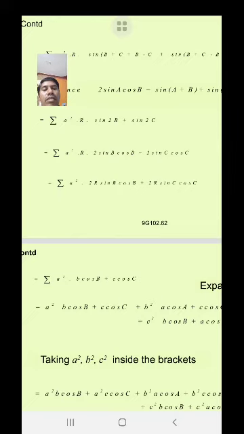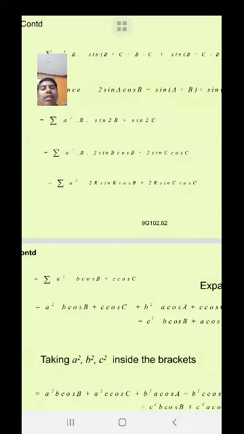Sigma a square into 2r sine b, we can write small b from sine rule, so b cos b, plus 2r sine c means small c, this is also from sine rule, and cos c as it is. So here b cos b plus c cos c should be in a bracket. Here the bracket is missed or not printed.